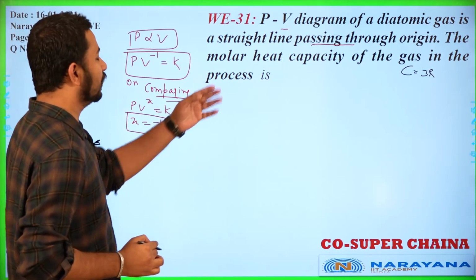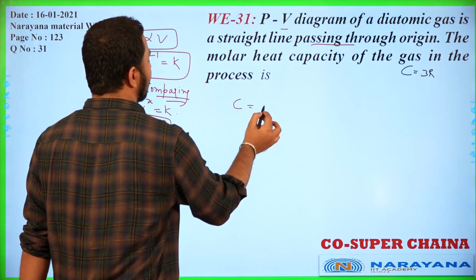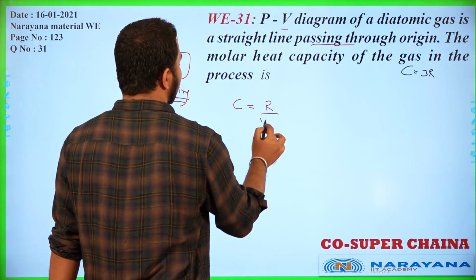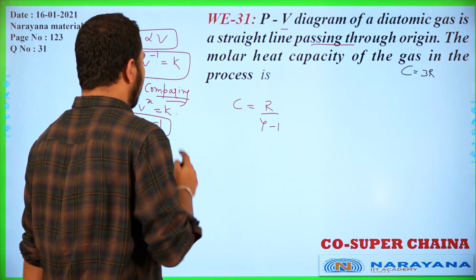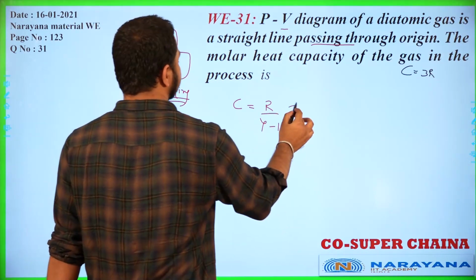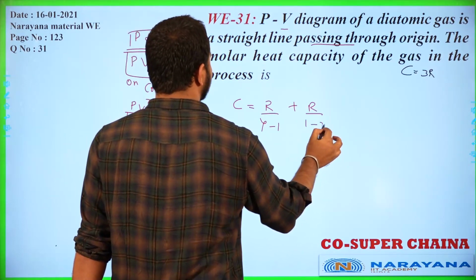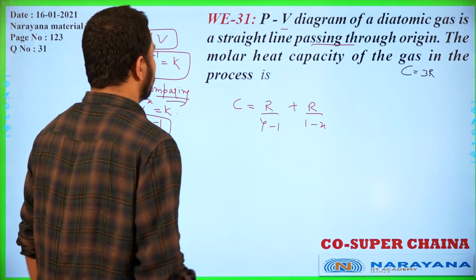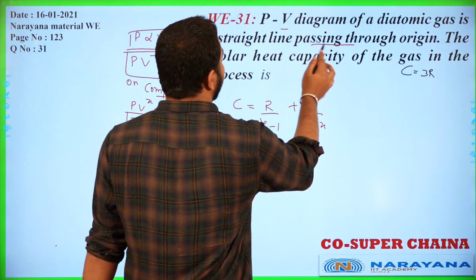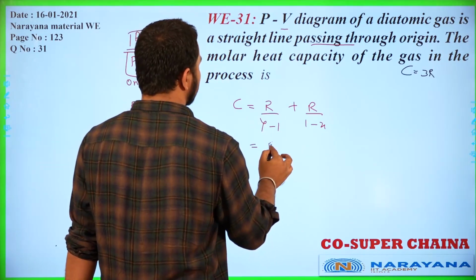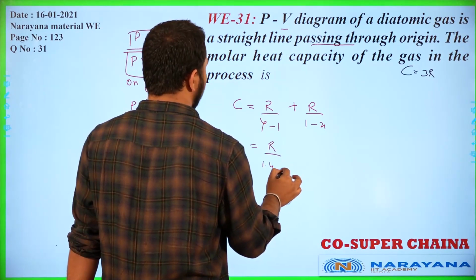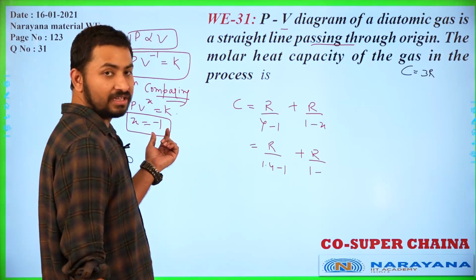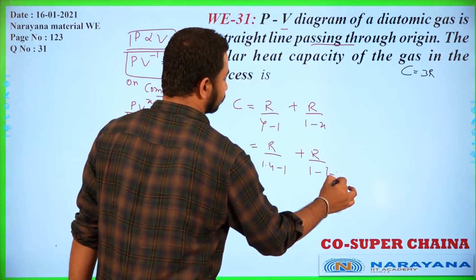The specific molar heat capacity of a gas can be written as R by gamma minus 1 plus R by 1 minus x. If you substitute the values, gamma is 1.4 for a diatomic gas, so it will be R by 1.4 minus 1 plus R by 1 minus x, where x is minus 1.